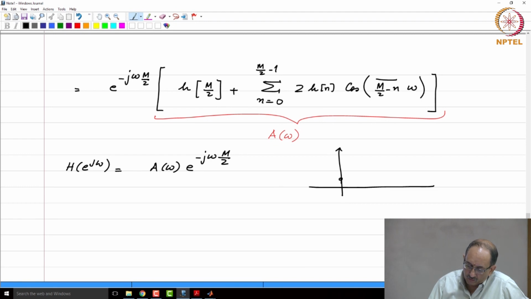As a simple example, if this were an example of a type 1 filter, length 5, this is the center sample, which is the point of symmetry.